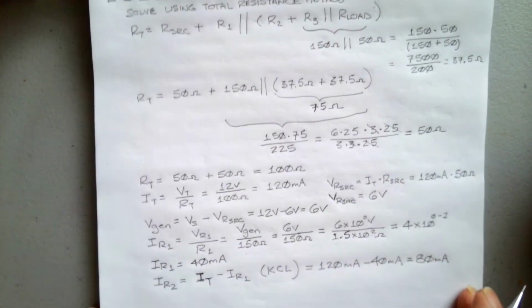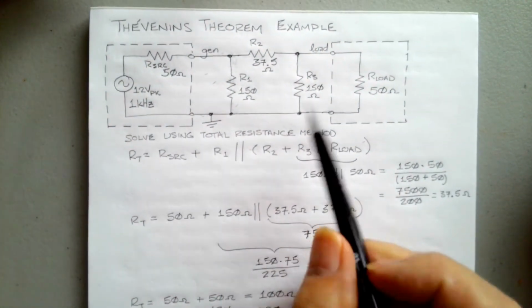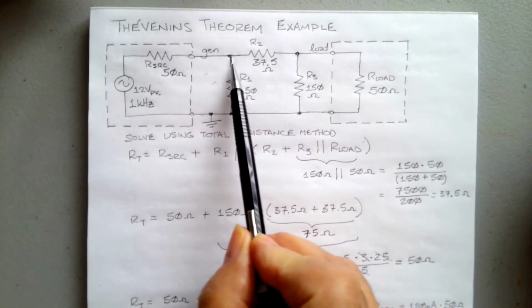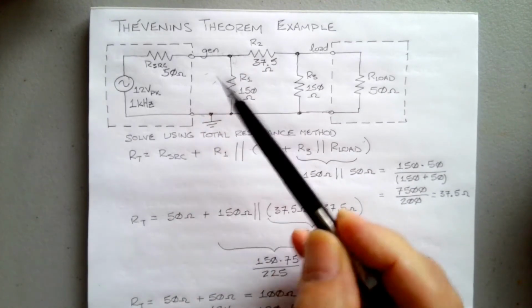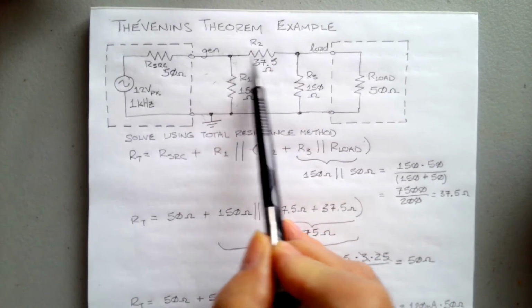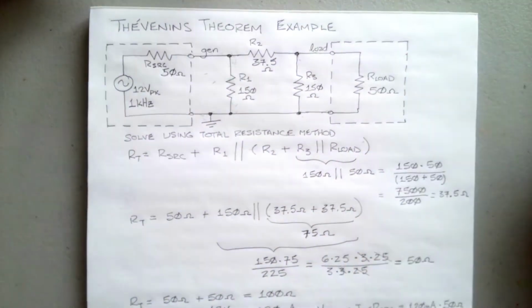And at that point, we can go back and look at R2 here. We know that 80 milliamps is flowing through here. We know what the voltage V gen with respect to ground is. We can compute that voltage, and we can wind up with our load voltage here.